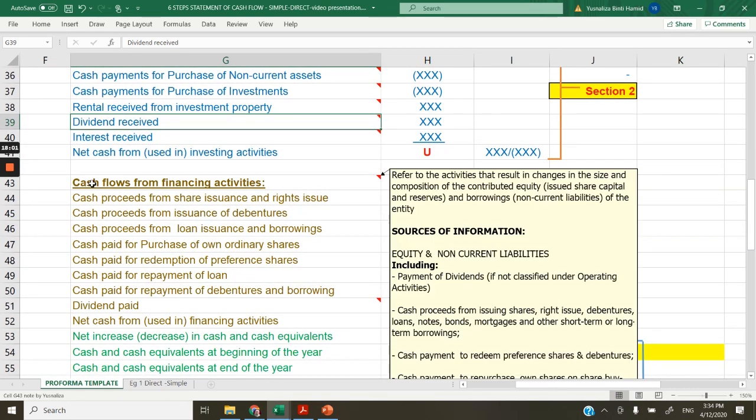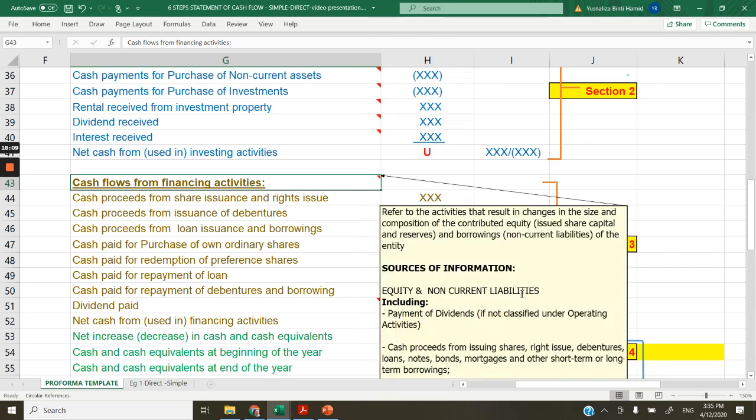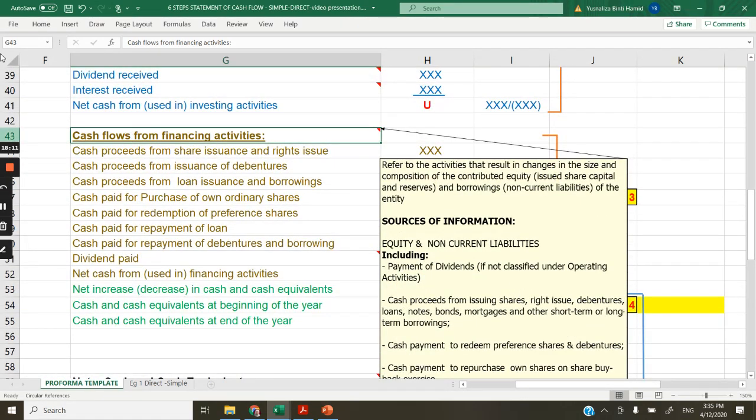Then we move on to cash flow from financing activities. What are cash flow from financing activities? Cash flow from financing activities refers to those activities that result in changes in the size and composition of the company's equity, share capital or contributed equity, share capital and reserve, and the borrowing.